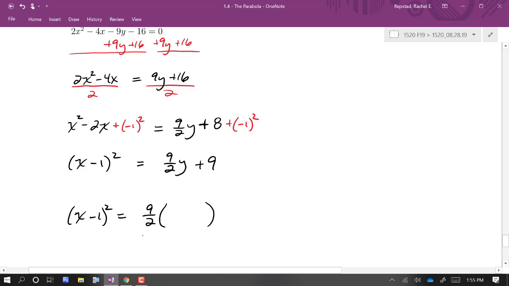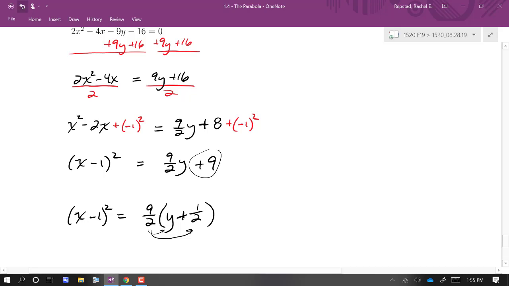So if I factor out the 9/2, definitely I know that's y. And then, what should the next term be? Let's check. If that is a 1/2, then if I distribute this, I should recover the original, and that would be 9/4.